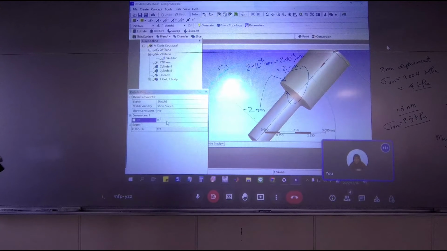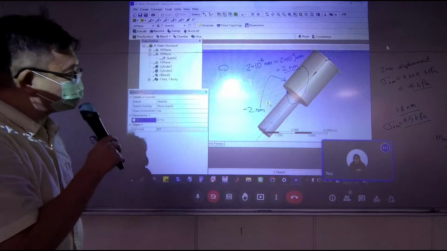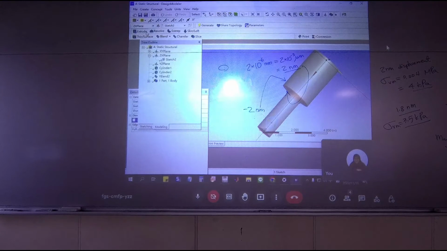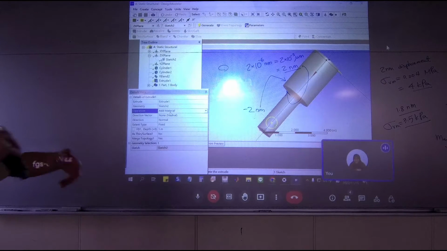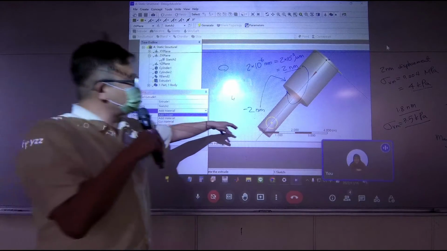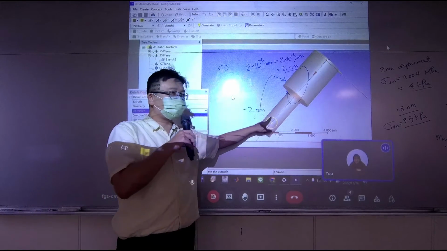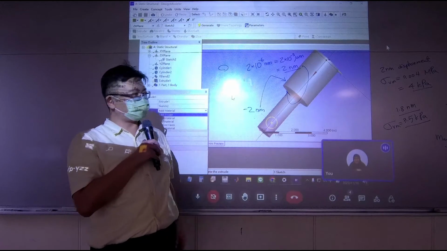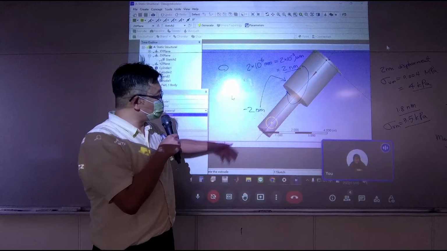Yes, I think that's nice. And make a cut. So, Alan, continue. Let me explain. So let's try to cut away this material, make a through cut from top to bottom.